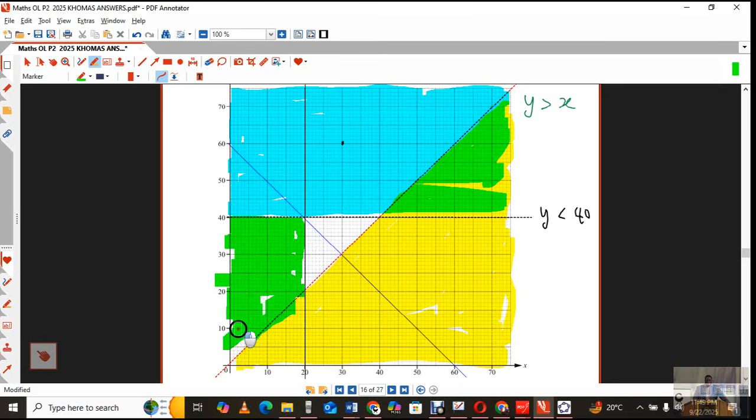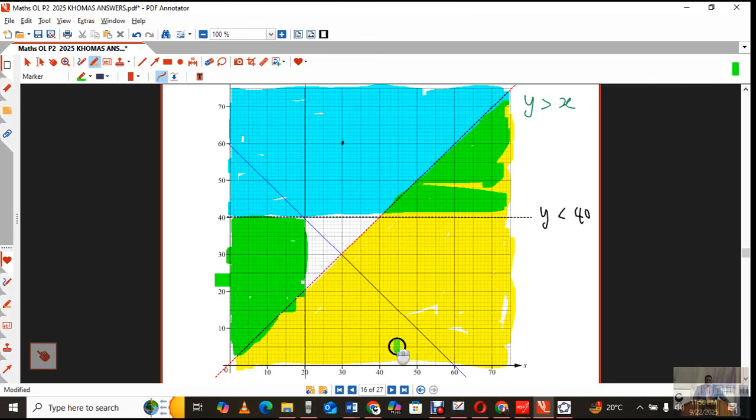I'll just shade nicely there, because the other part's already shaded. Of course, you can do this with your pencil very fast in the exam. Good. All the other ones are already shaded, so no need to worry.